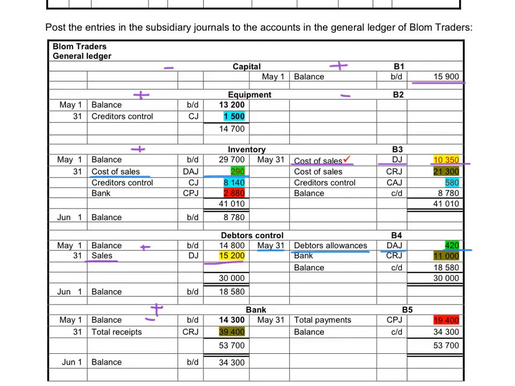We purchase equipment, that is an asset that will increase on the debit side with the 1,500. Inventory is an asset that will also increase on the debit side with the amount that we paid for the goods.